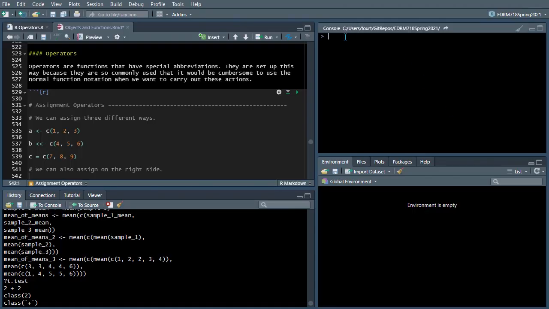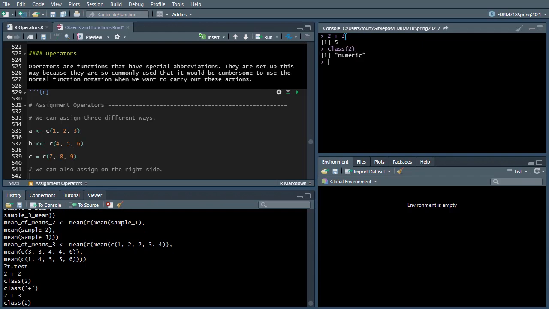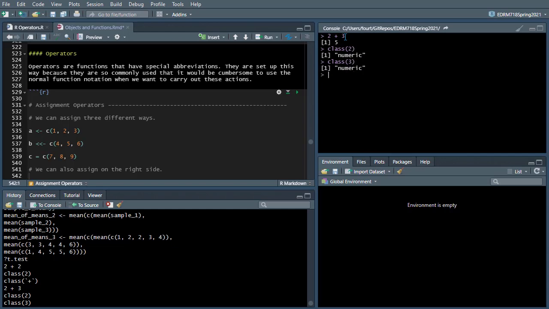Look in my console window and consider 2 plus 3. Now, if everything is indeed an object in R, then 2 should have a class, and it does, numeric. 3 should have a class, and it does, numeric. But what about that plus sign? Well, we indicate the plus sign within these single accents.